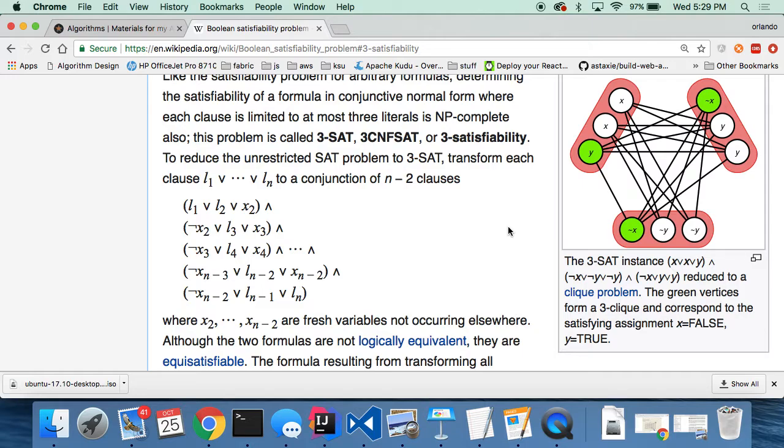They have not x2 on the other one. That's the trick. That's the transformation. That will convert a SAT into a 3-SAT.